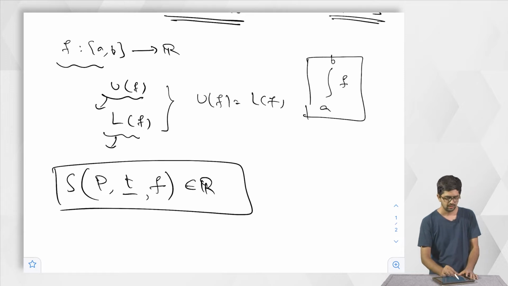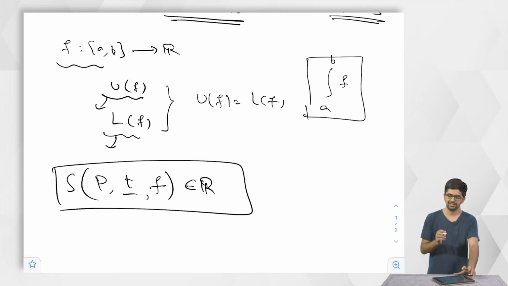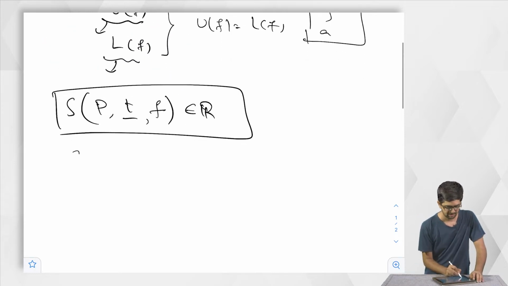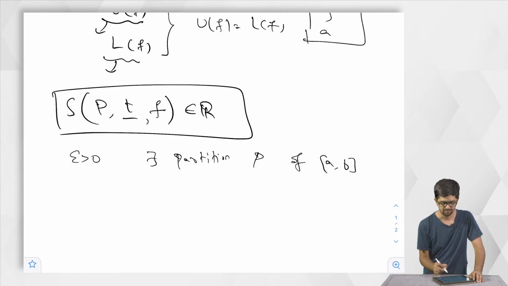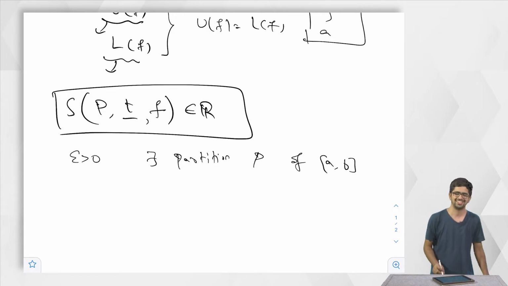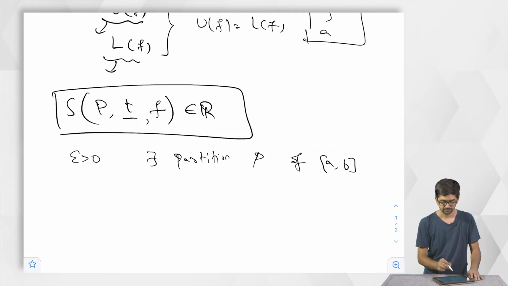Now, what does the Riemann integrability condition say? I forgot to say something before saying any of this. Just like in the case of the limit of a function, we need to specify a real number.